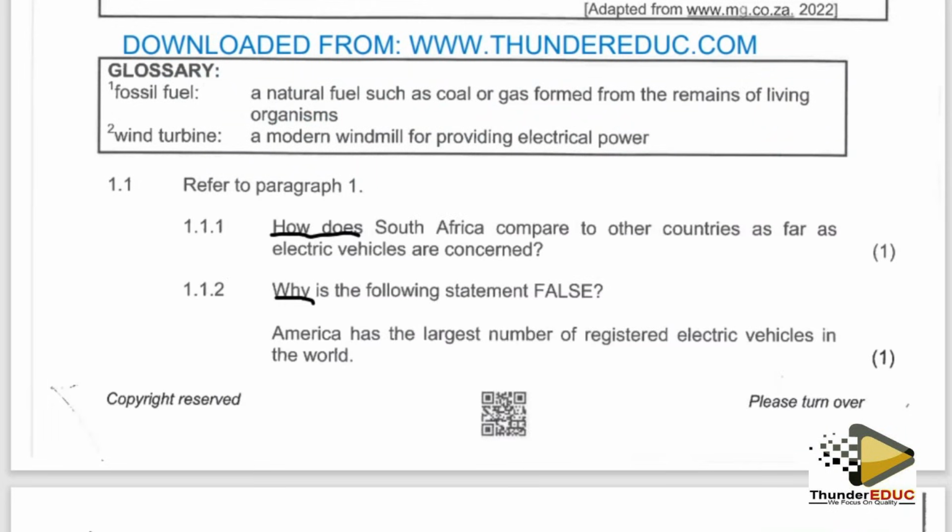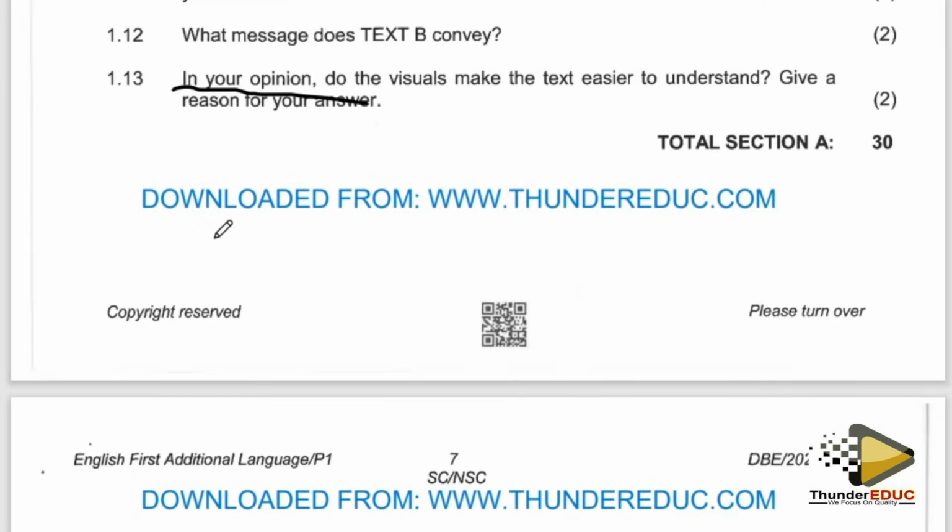You could have also said no. Please be very sure that when we're coming to question 1.13, a yes answer is correct as long as you're able to substantiate yourself. A no answer is correct as you are also able to substantiate yourself. So, whichever answer you give, the most important thing is the substantiation.